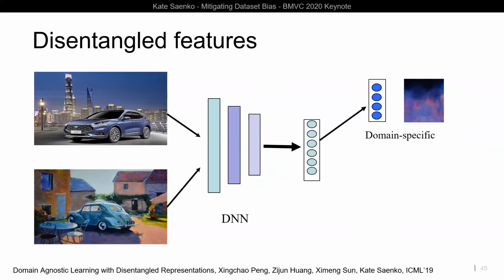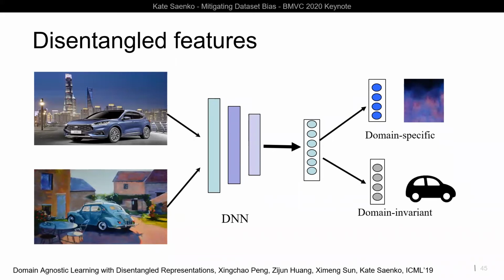And so these features will be exclusively encoding something specific to that domain from the input image. And the second part of our feature, we want to only contain domain invariant and task-specific features. So here our task is classifying cars, and so we want these domain invariant features to only capture information about cars, about our task.